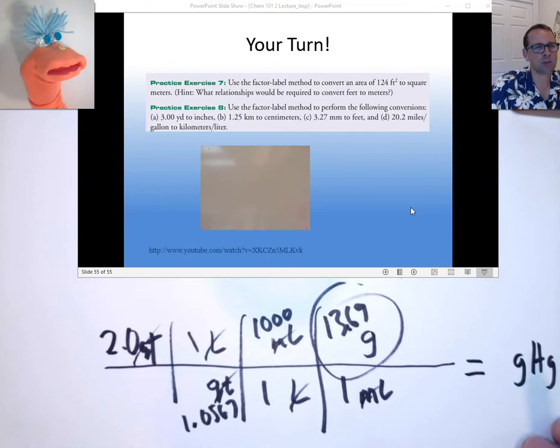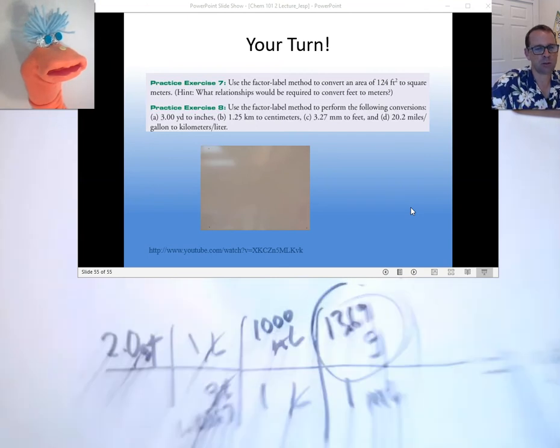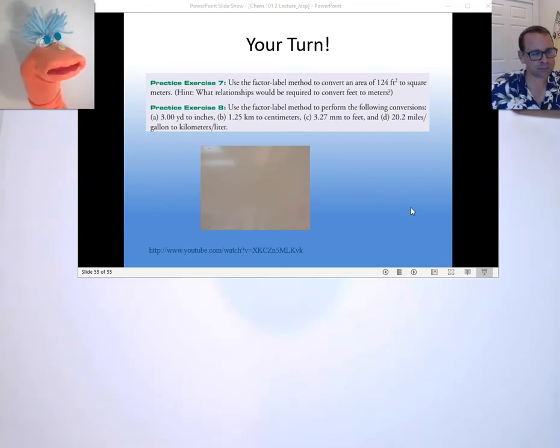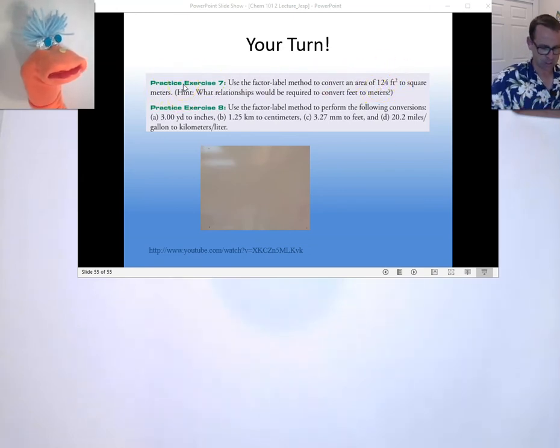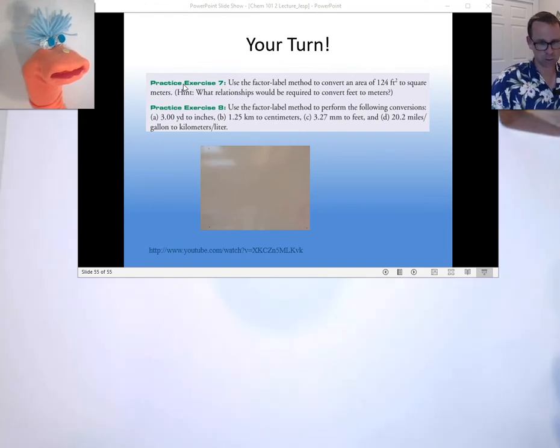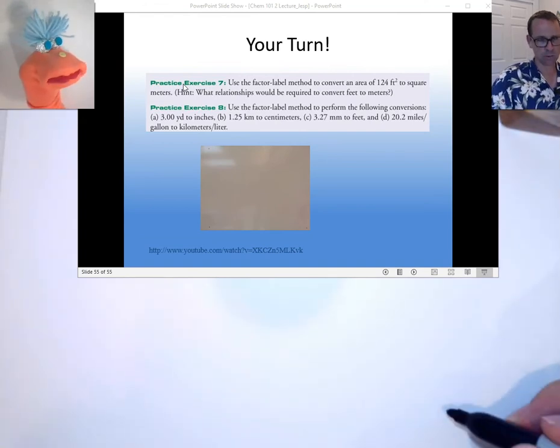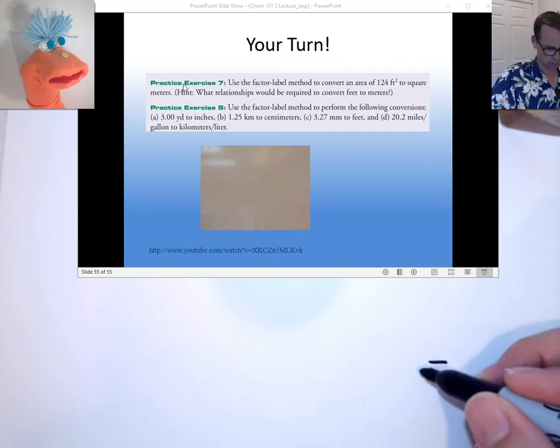So here's one extra problem that we can work on. Let's use the factor label method to convert area in feet squared to square meters. Okay, same thing. What do we start with? Equal sign. Very good, equal sign. Breathe out.